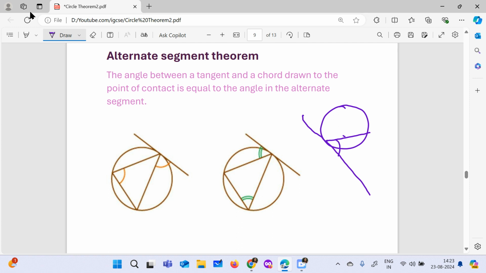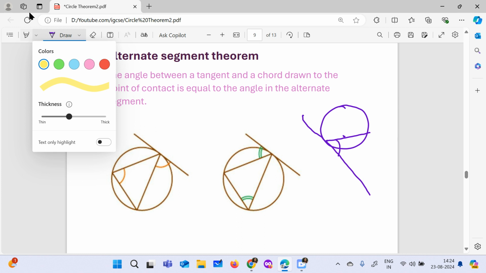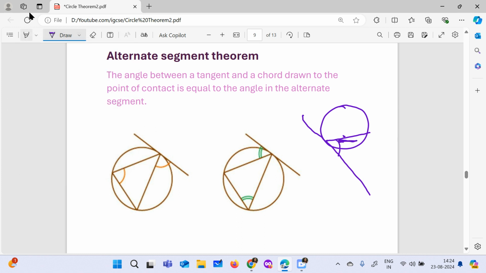Now see, this chord is dividing the whole circle into parts. This is one minor part, and above you have the major segment, right? What it says is that the angle between a tangent and a chord drawn to the point of contact is equal to the angle in the alternate segment.